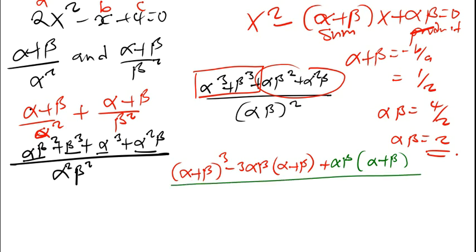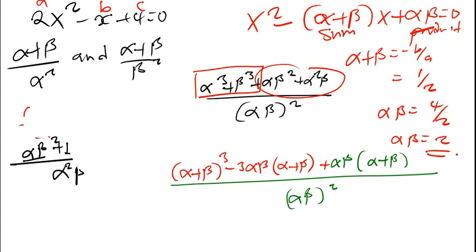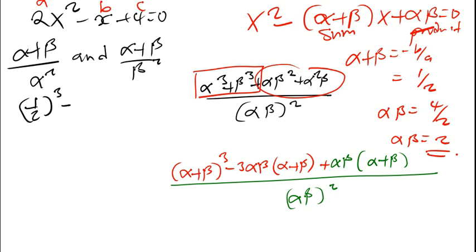You divide this by alpha beta to the power 2. We can go ahead and now plug in the values. Alpha plus beta is 1 over 2 raised to the power 3 minus 3 alpha beta, which is 2. Then alpha plus beta is what?